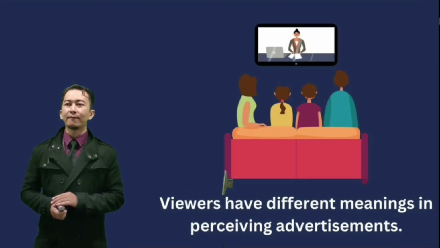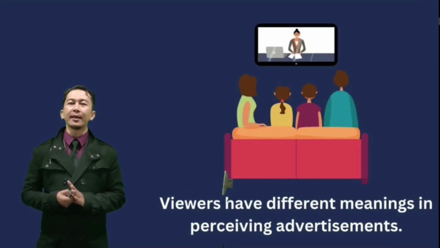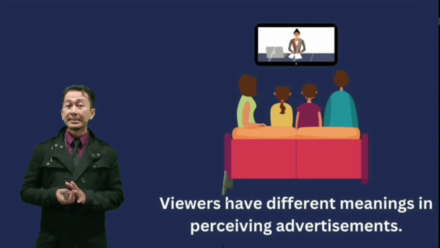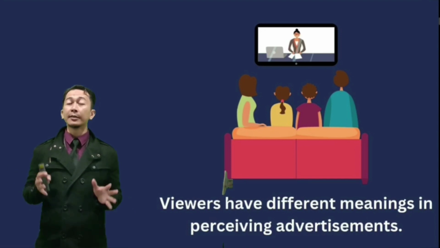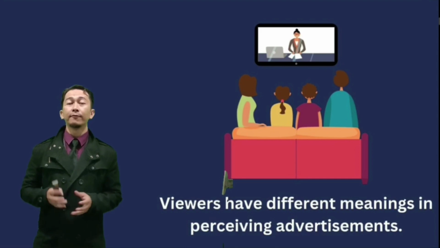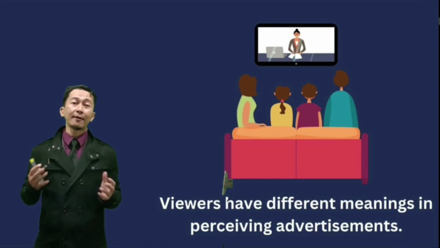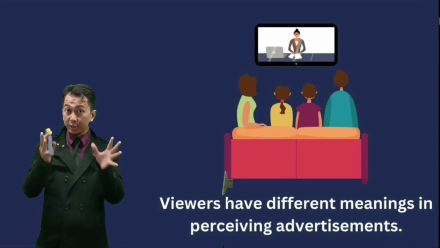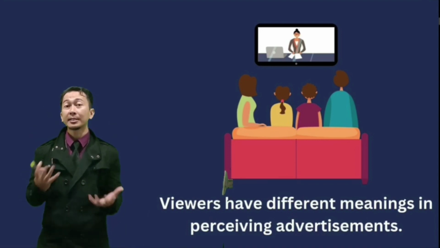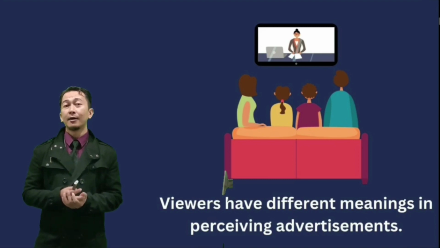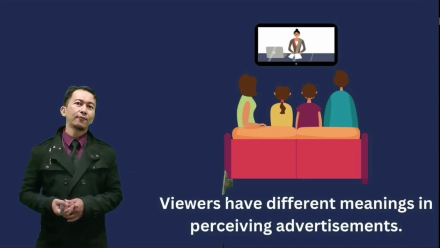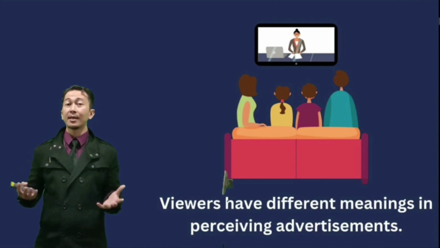And the viewers have different meanings in perceiving advertisement, because language needs differentiation. So the viewers, the watchers, the readers, the listeners can have different meanings. That is your task, your assignment as students, and you can work for advertisement as advertisers.